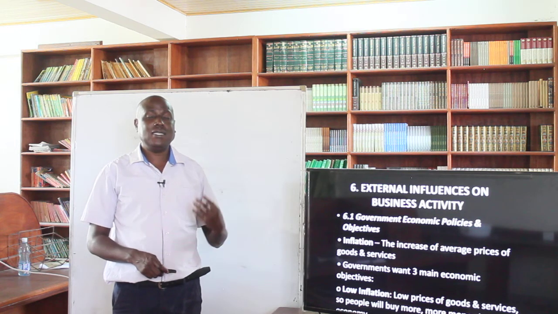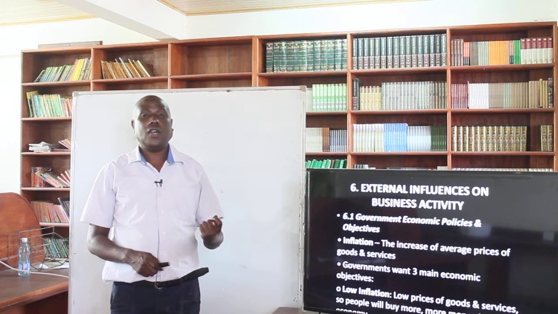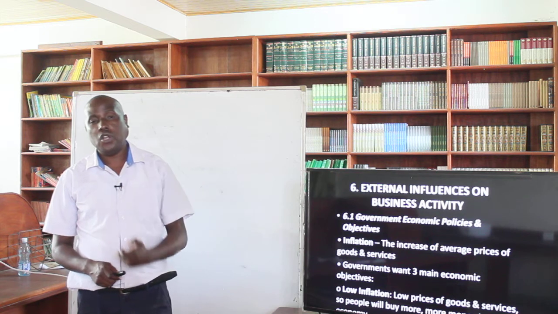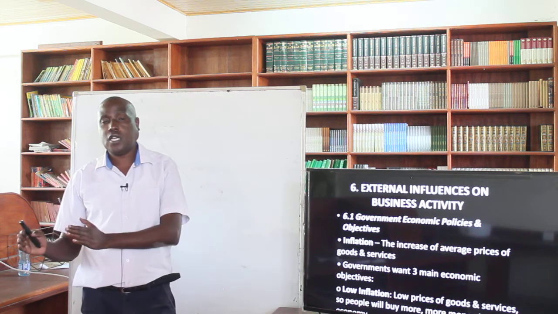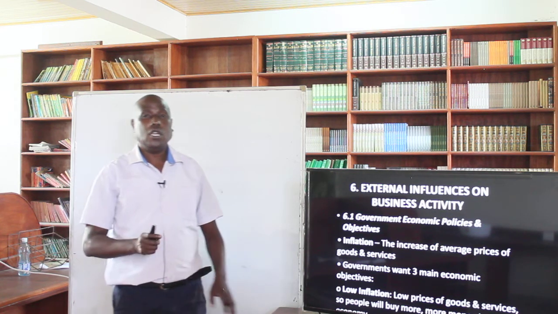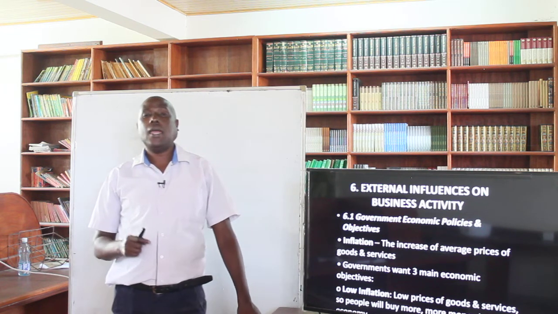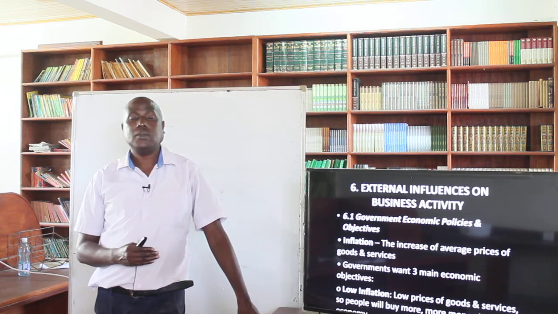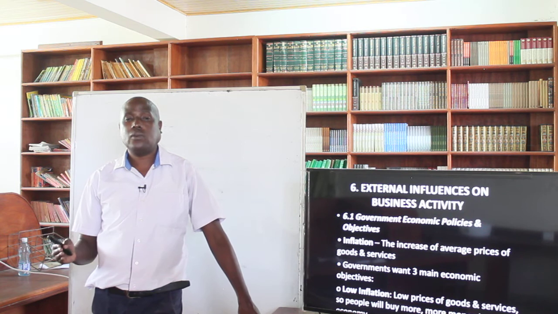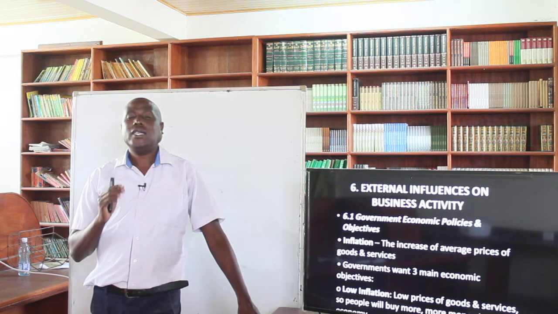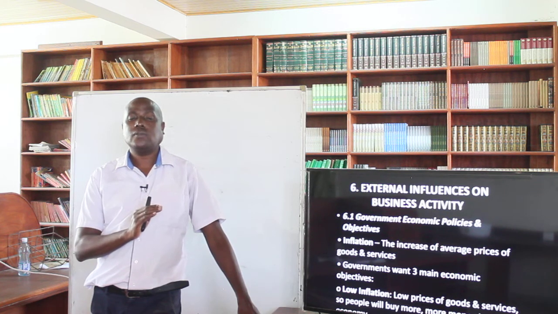It is a persistent, gradual increase in commodity prices over a given period of time, and these goods should be those that are consumed by an average citizen, most of the people.